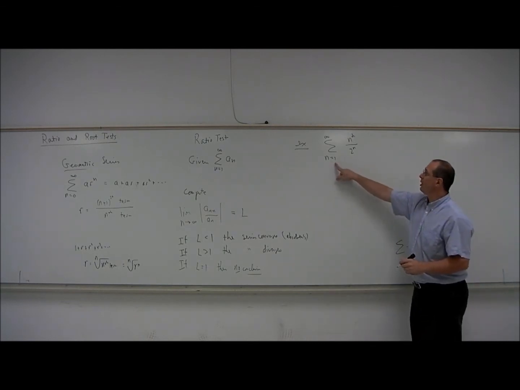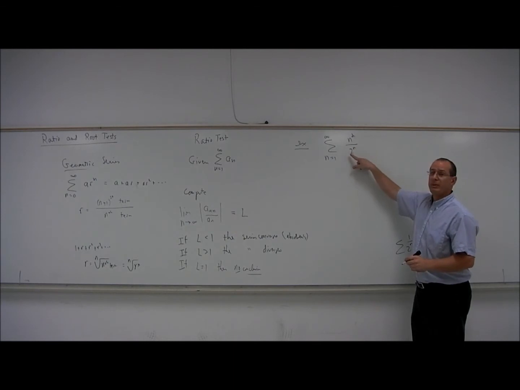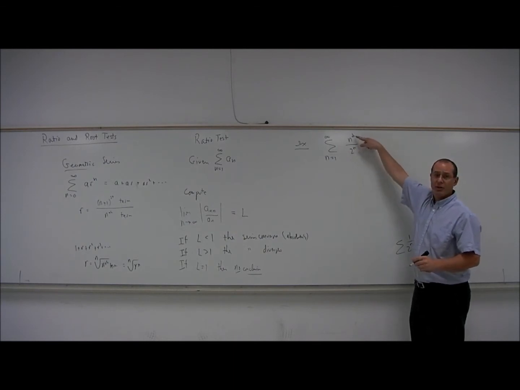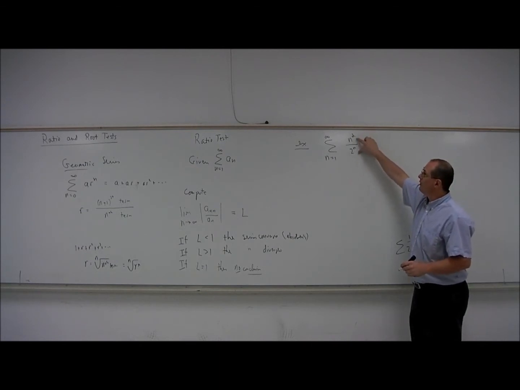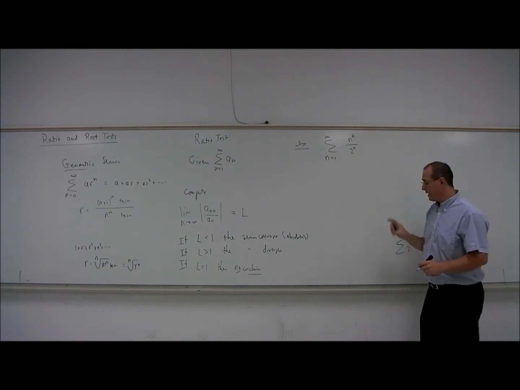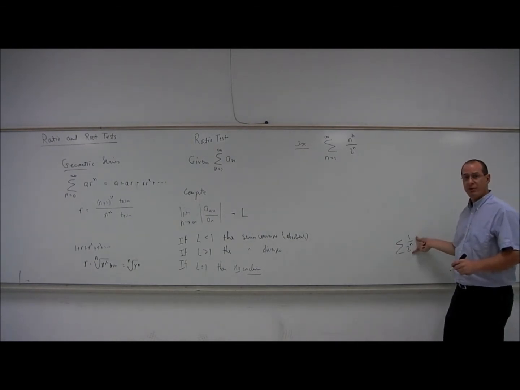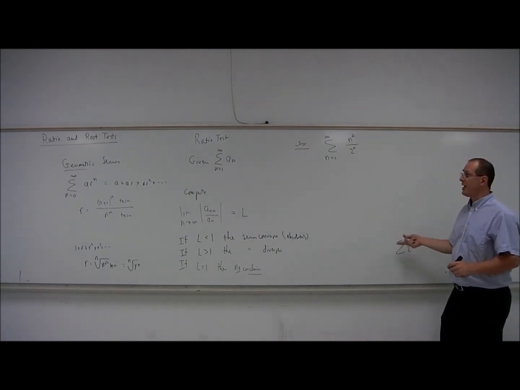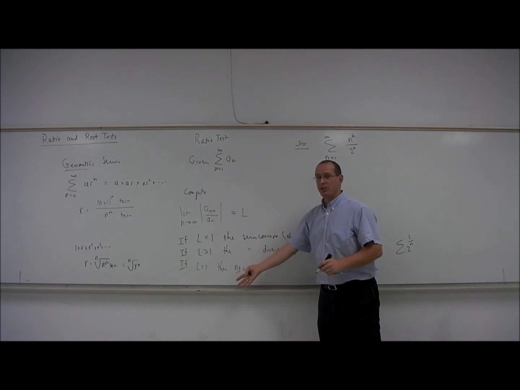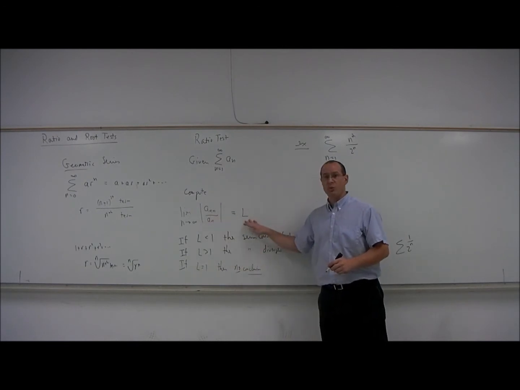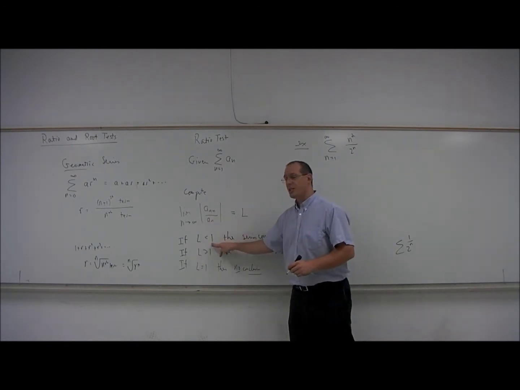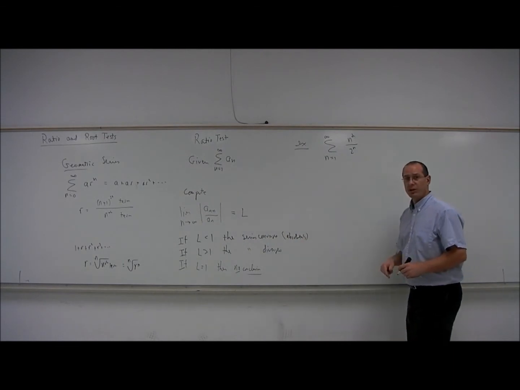Well, when n is very large, 2 to the n is going to be much, much larger than n squared. So the n squared here is insignificant in comparison to the 2 to the n. And so this is going to behave like a geometric series with ratio 1/2. To see that, we'll use the ratio test, and we will see that this limit is 1/2. 1/2 is less than 1, and so the series will converge.